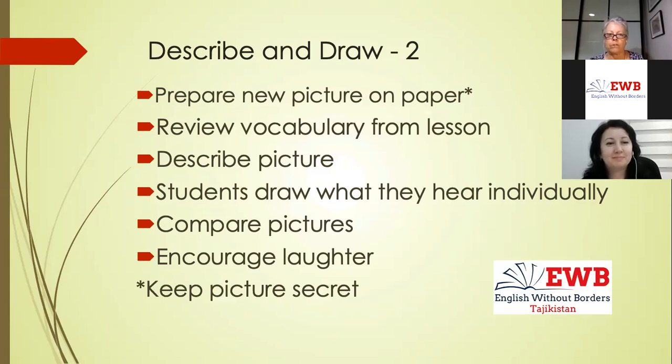Now that asterisk, you need to keep your picture secret. So is the person drawing the picture only the teacher? No, it could be the student also. You could put 2 students together, and student A could draw the picture in advance and describe it to student B, and student B could draw the picture, and then you could reverse roles and give student B the job of describing a picture for student A. And this is a really good activity for prepositions of place.